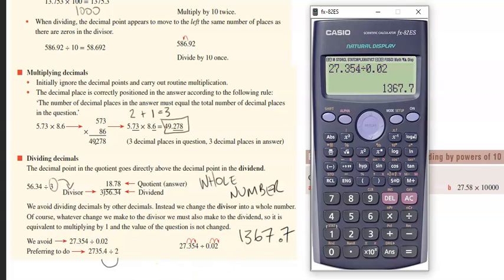Now let's do this again. But this time we're going to do 2735.4 divided by 2. 1,367.7. It's the same answer. We're just changing the proportions of how much we're finding from one to the other, and this is why this technique works.